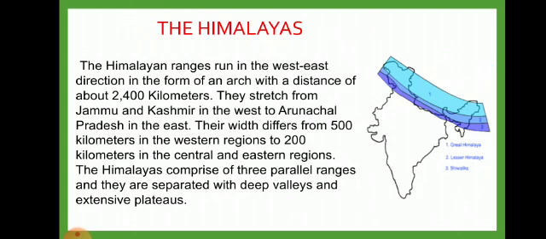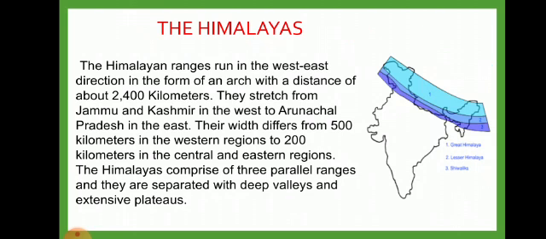Now we first start with the first major relief feature, and that is the Himalayas. The Himalayan ranges run in the west-east direction in the form of an arc with a distance of about 2400 kilometers, as you can see in the map.